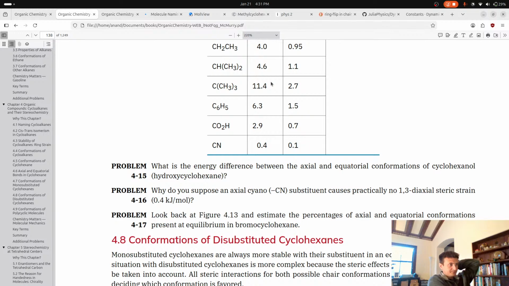4.16. Why do you suppose an axial cyano substituent causes practically no 1,3-diaxial steric strain? That's a good question. So that would be called cyanocyclohexane.